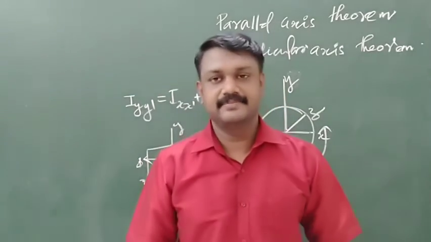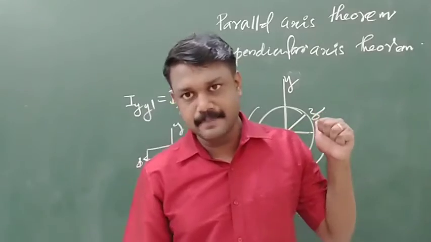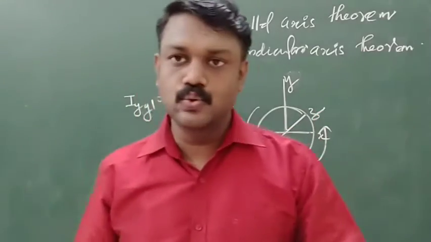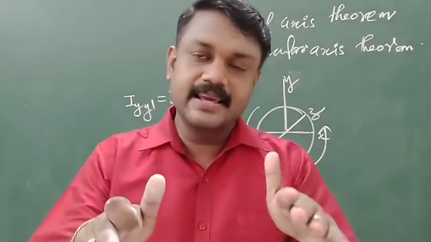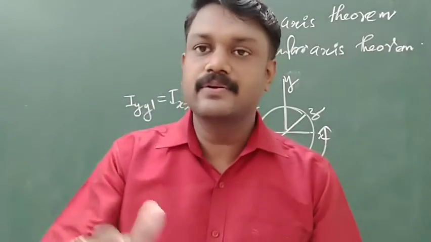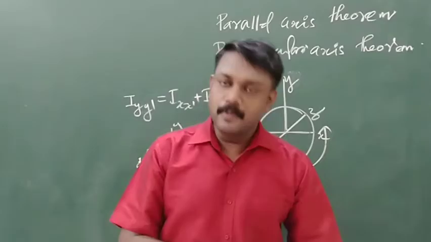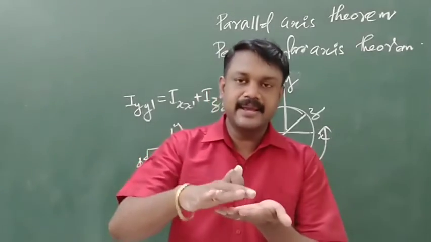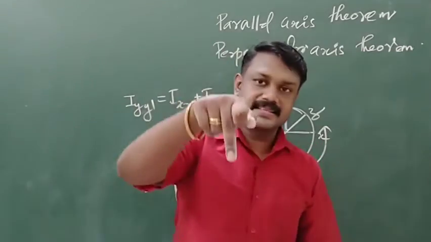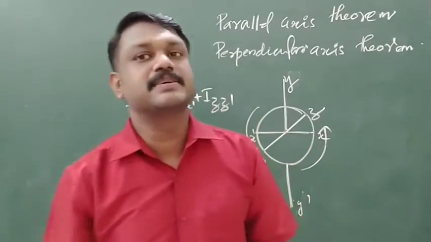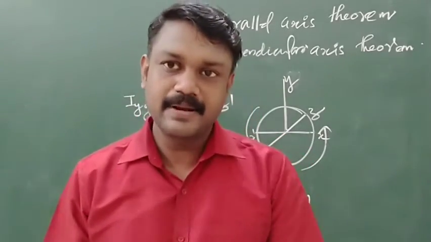axis of rotation. In the perpendicular axis theorem, the perpendicular axis is passing in a direction perpendicular to the plane of the surface, and the moment of inertia is the sum of the moments of inertia about two axes lying in the same plane, perpendicular to each other and meeting at the same point through which the perpendicular axis is passing. That is the perpendicular axis theorem.